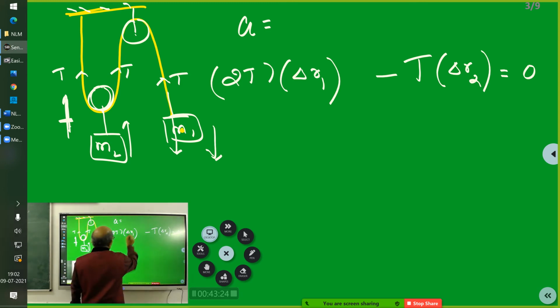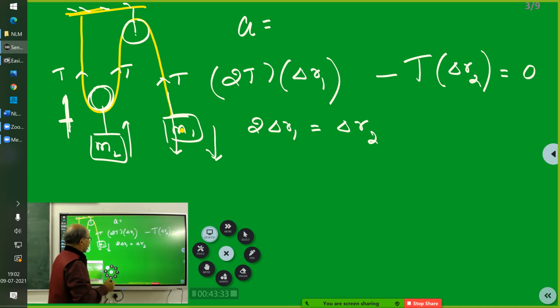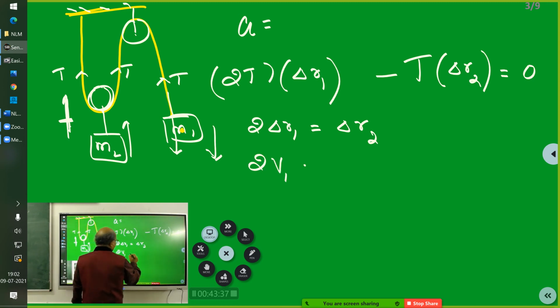So here the T's will cancel, and you get 2 delta R1 is equal to delta R2. Now I differentiate it once, so I get 2V1 is equal to V2.